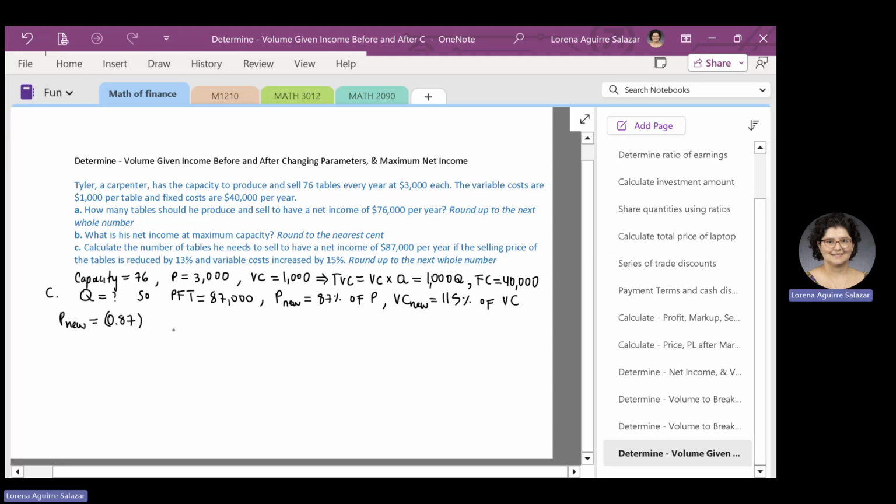We get that the new price at which tables are sold is 2,610. Well, the new variable costs will be the decimal corresponding to 115% multiplied by what we had for variable costs, and that's 1,000. So the new variable costs are $1,150.